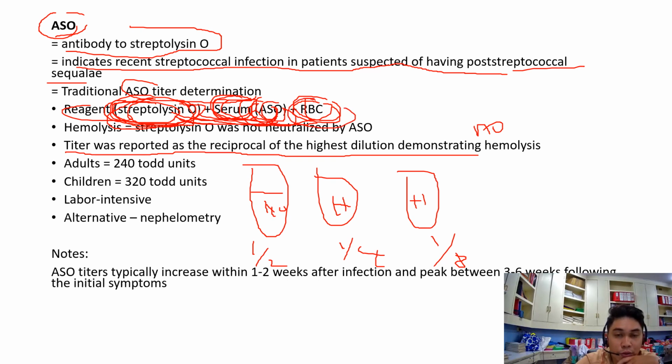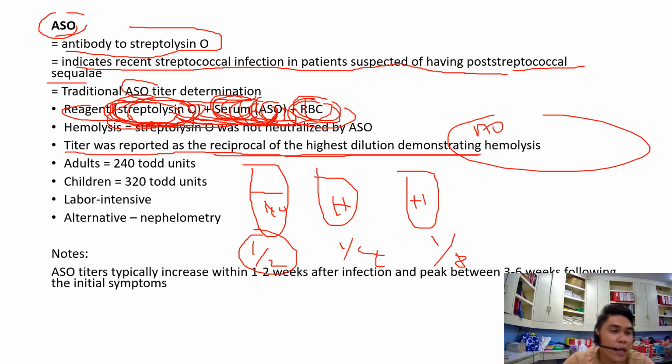So that's why the result is no hemolysis. Tube number 2, hemolysis, meaning ASO is absent. So streptolysin O is present or available to destroy the red blood cell. Same with test tube number 3. So the titer for this one is the reciprocal of the highest dilution demonstrating no hemolysis. So it is 2. Okay.